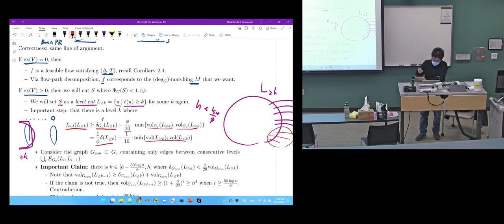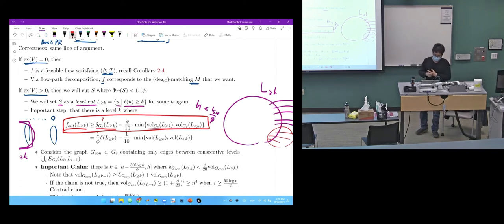So everything is just scaled by phi. So let's try to prove this. Actually, let's assume this and see why this is useful. Okay. There is a level where almost all of the flow is saturated except a small thing.